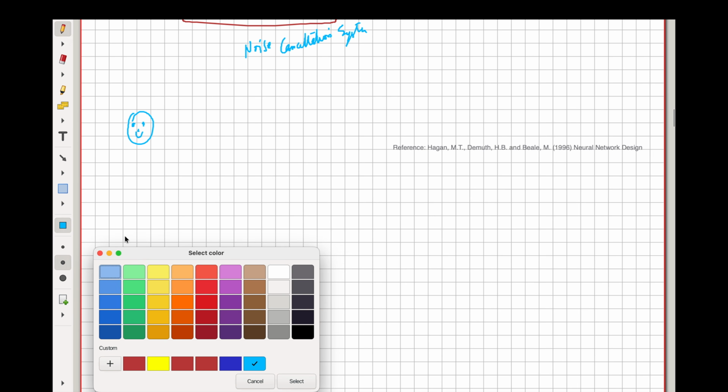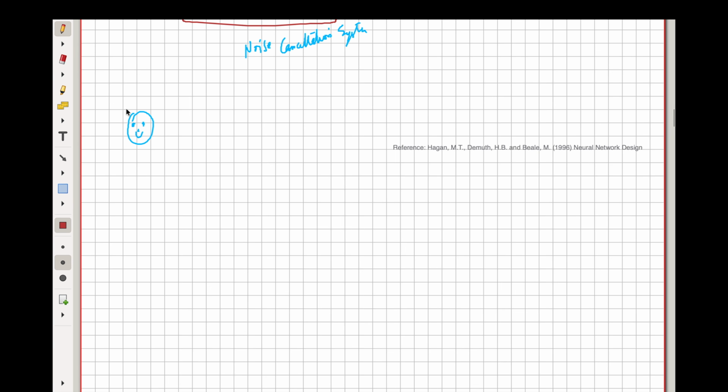Let's first draw the noise cancellation system that we are talking about. So I'm going to take some time and draw it. Let's get the pencil and we'll draw this noise cancellation system. Imagine there is a person here and the person has these electrodes that are stuck on the scalp, and those are wired to catch the EEG.